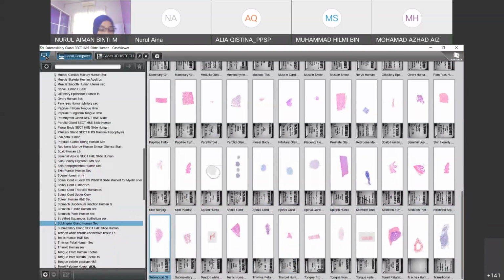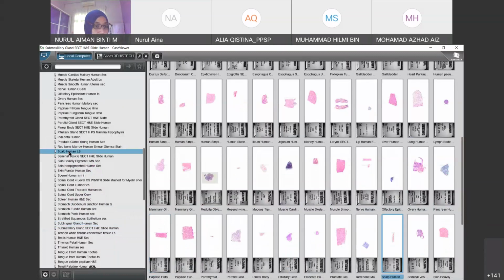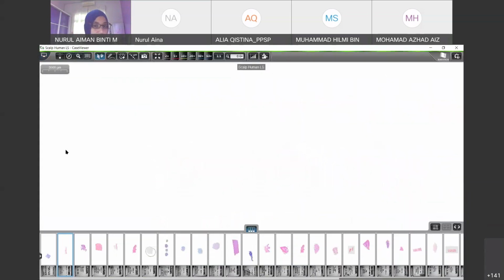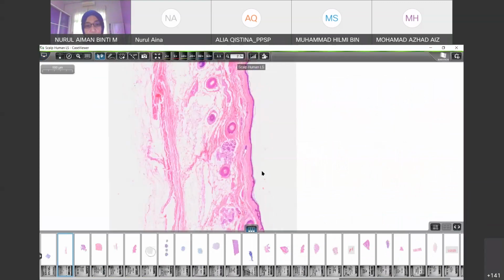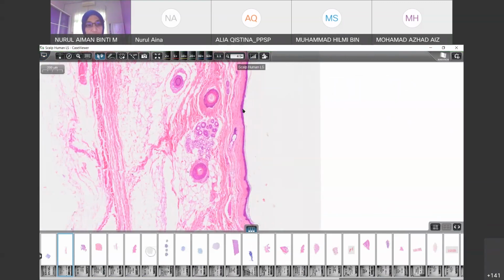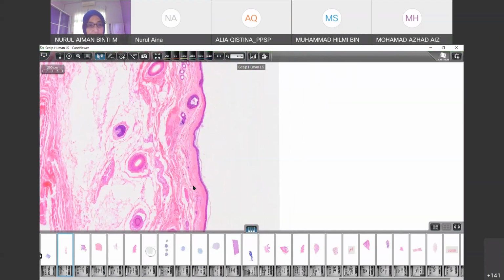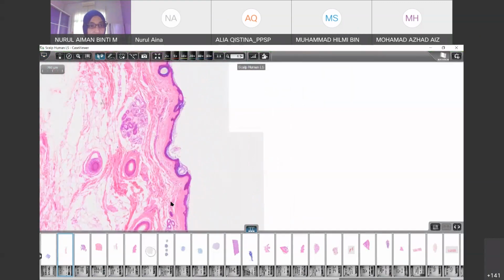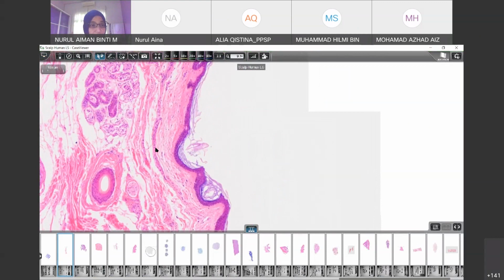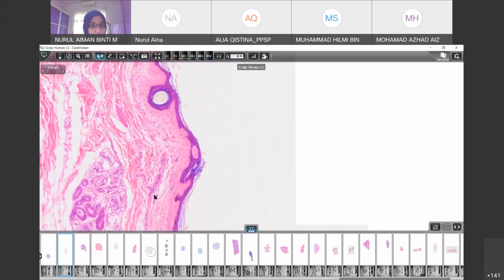But what else that I actually didn't show to you? Scalp. What is inside the scalp? Scalp is more towards the skin lecture, but I just want to show to you another gland.